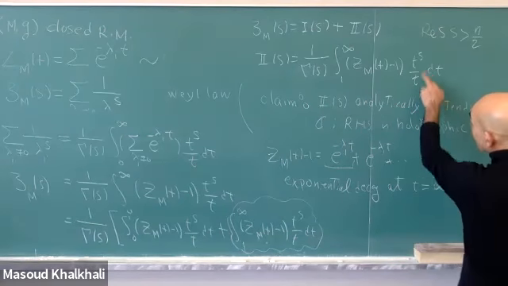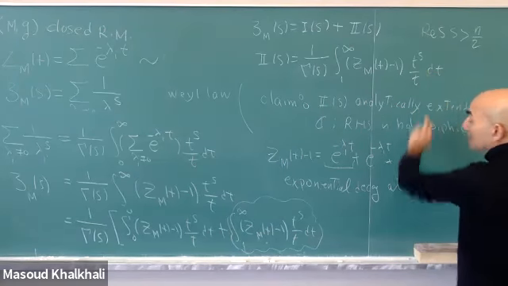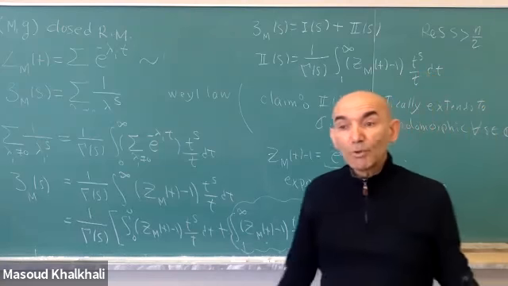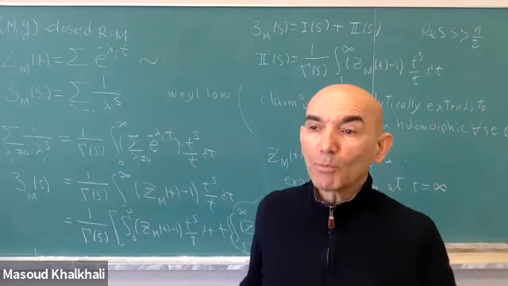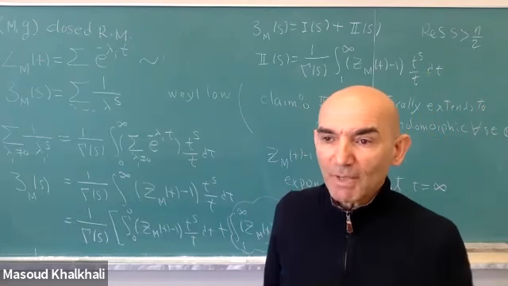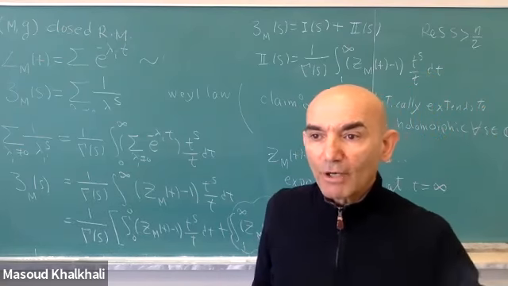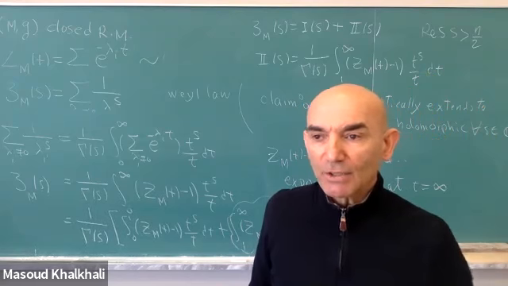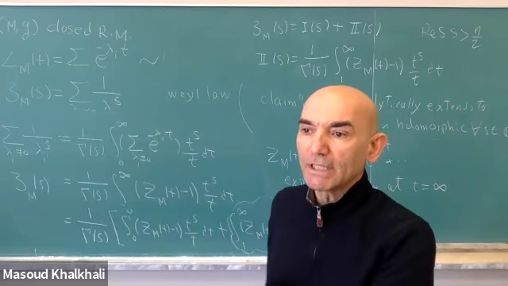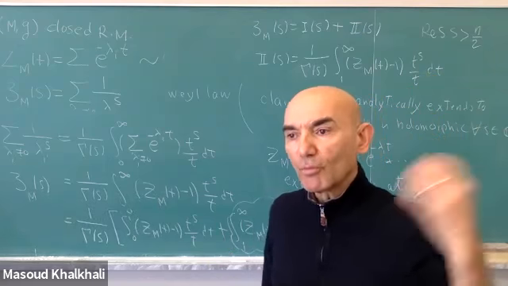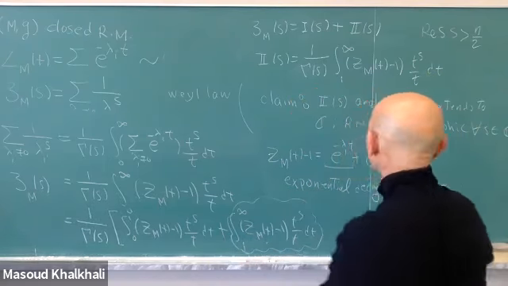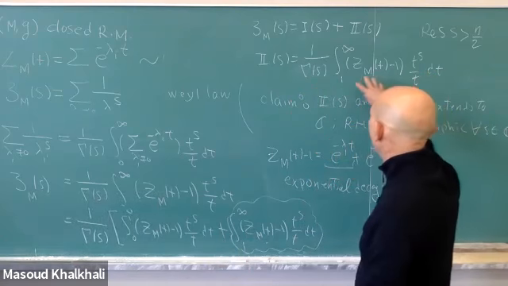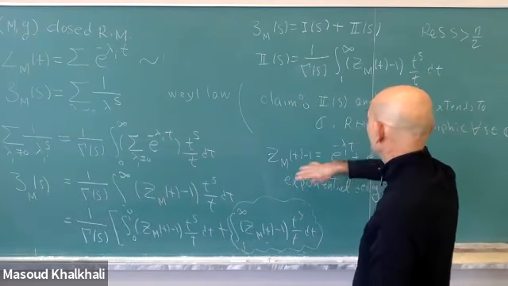But this guy, t to the s over t, is at most a polynomial function. I mean, s is some fixed complex number, it cannot overcome exponential decay. So exponential decay makes the integral completely convergent, uniformly at infinity. So this is a very nice integral. There's no problem. It's holomorphic.